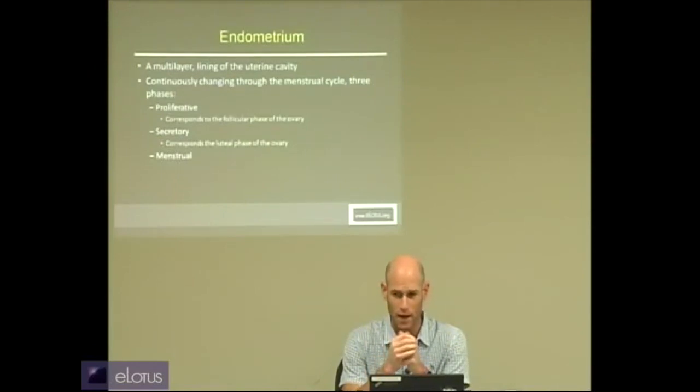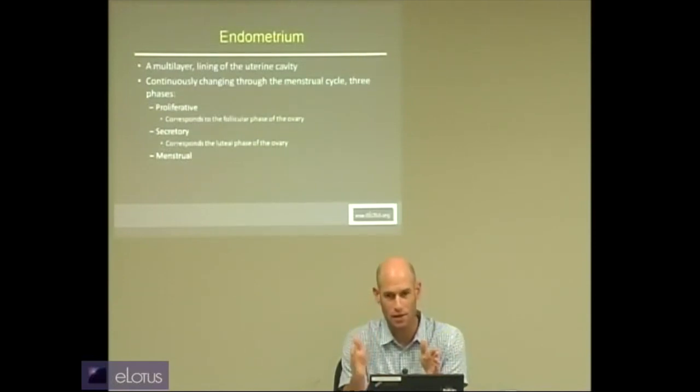Actually, through the beginning of residency, I was still a little bit confused. They'll say the follicular phase, they'll say secretory phase, and no one ever explained this to me in a very frank way. So the proliferative phase of the cycle refers to the endometrium between the beginning of the period and ovulation.